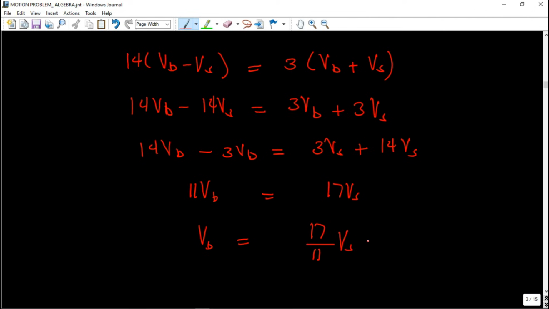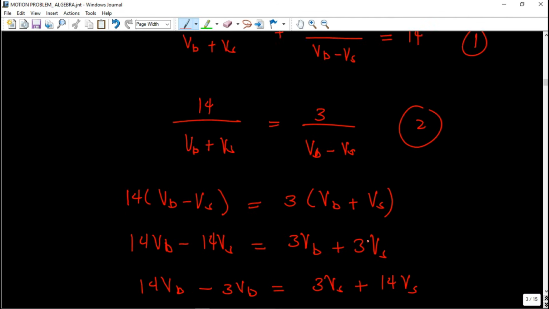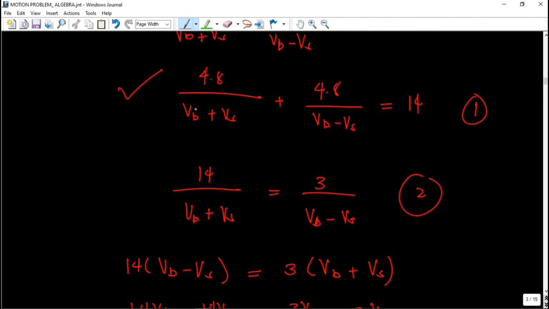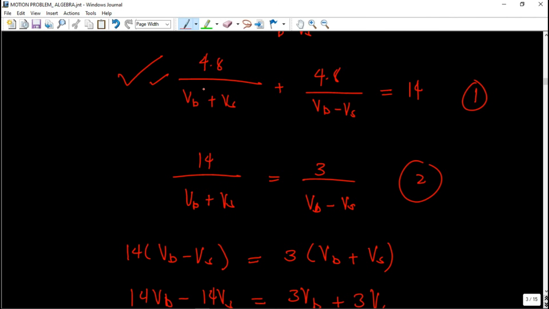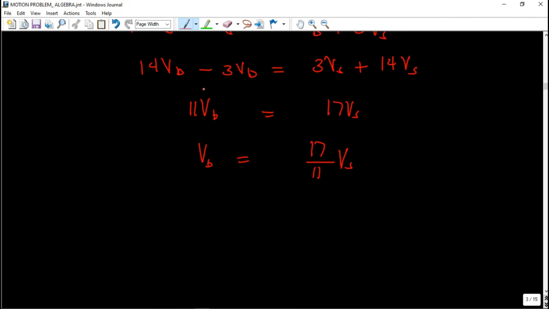Then, guys, let's substitute it into our first equation. So, here, 4.8 over V sub B plus V sub S, plus 4.8 all over V sub B minus V sub S is equal to 14.